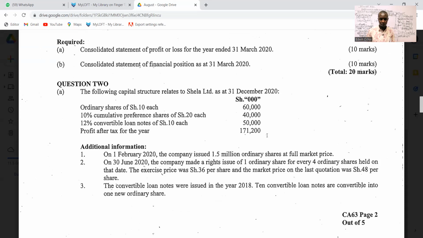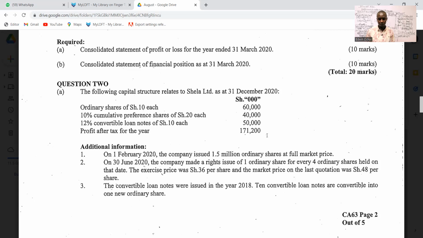Additional information number 1: on 1st February 2020, the company issued 1.5 million ordinary shares at full market price. Additional information number 2: on 30 June 2020, the company made a rights issue of 1 ordinary share for every 4 ordinary shares held on that date.